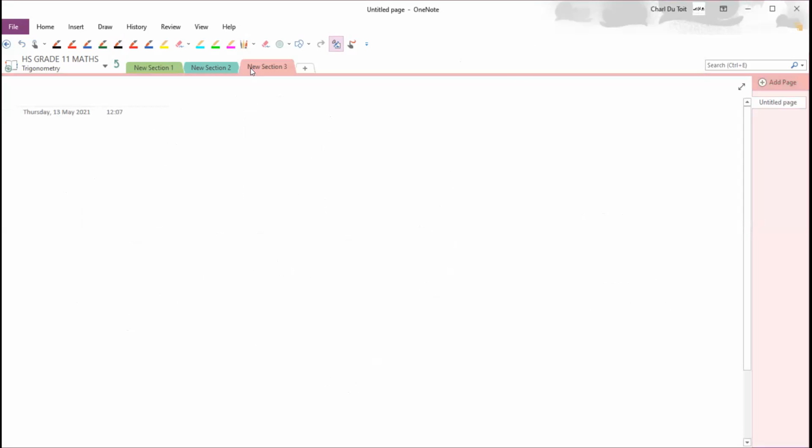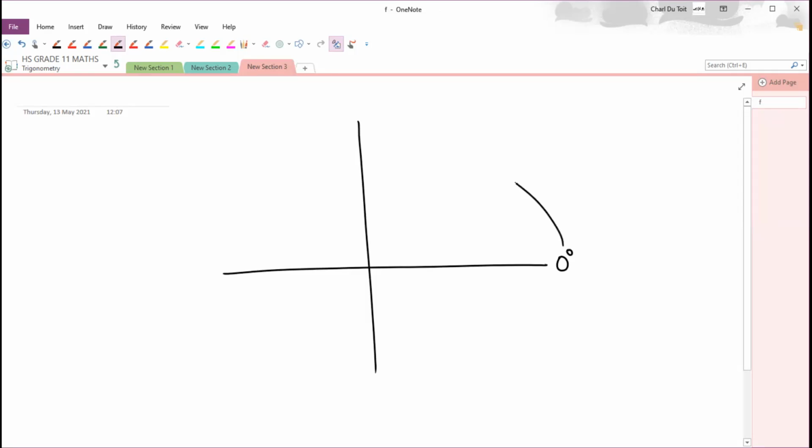Flip. Okay, let's start off with a system of axes. Now, in trigonometry, we start here at 0 degrees and we move anti-clockwise is positive. So if I move 90 degrees on, I get to 90. If I move another 90 degrees, I get to 180 degrees.